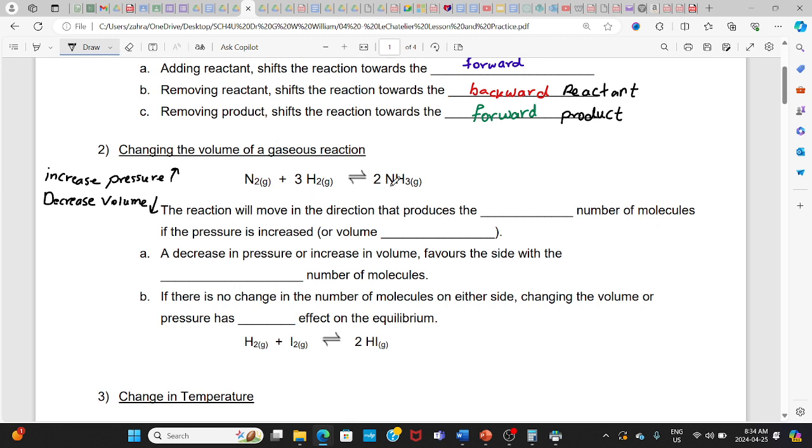So it will be shifted towards the product, the direction that produces the least number of molecules. Again, the pressure increased or the volume decreased here, and this will shift forward.